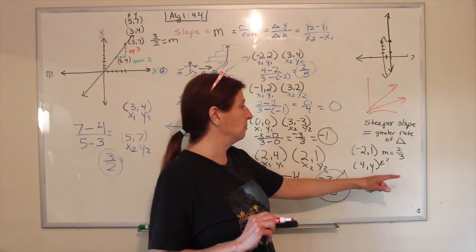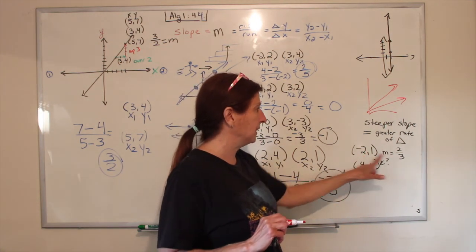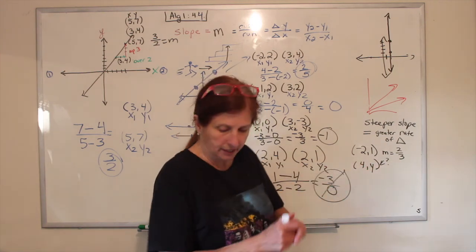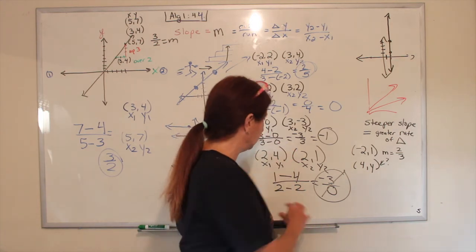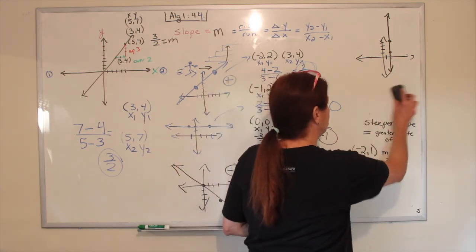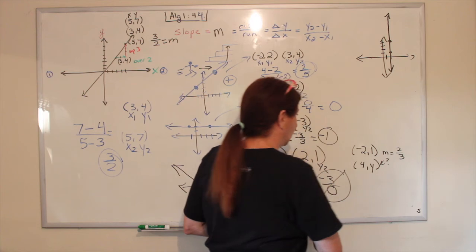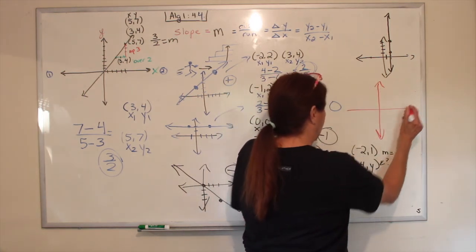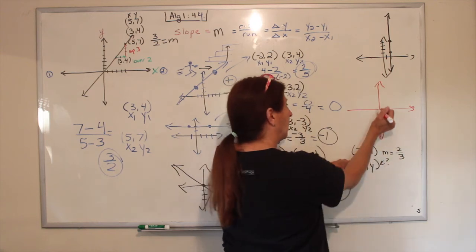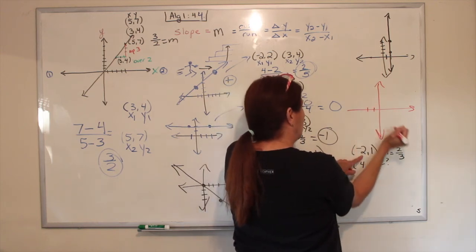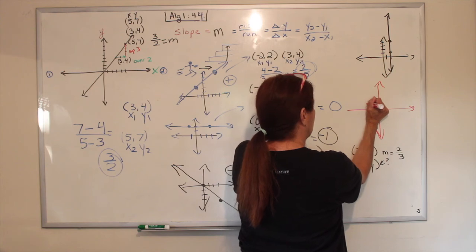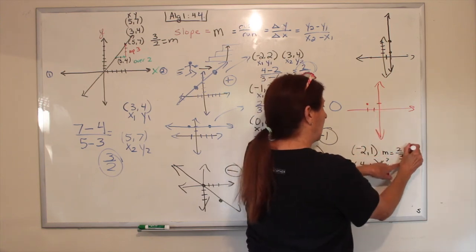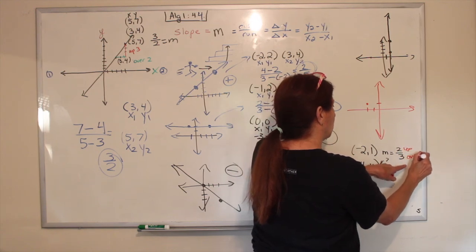There's another problem in your book where they give you a point and they give you a slope and they want to know what y equals at this other point. The way they do it, you can do it, but the easiest way to do that problem is to graph it. So if you have a graph and you have this point, x is negative 2, y is 1, we have a dot right there, and the slope is 2 over 3.